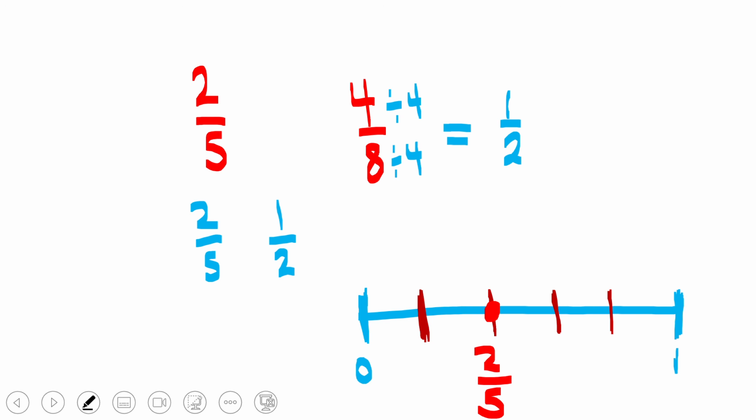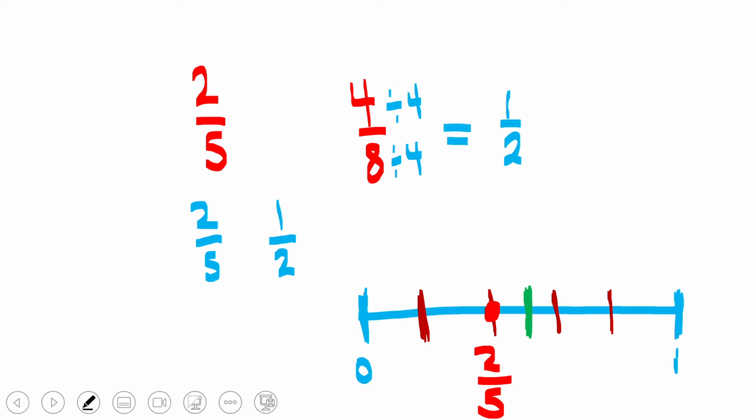Alright, we cannot mark 1/2 on the tick marks we have from 0 to 1 on this number line. We need to consider what is the middle of our number line. So if we consider what is the middle of our number line, we're looking at halfway. It's going to fall about right here to be halfway between 0 and 1.